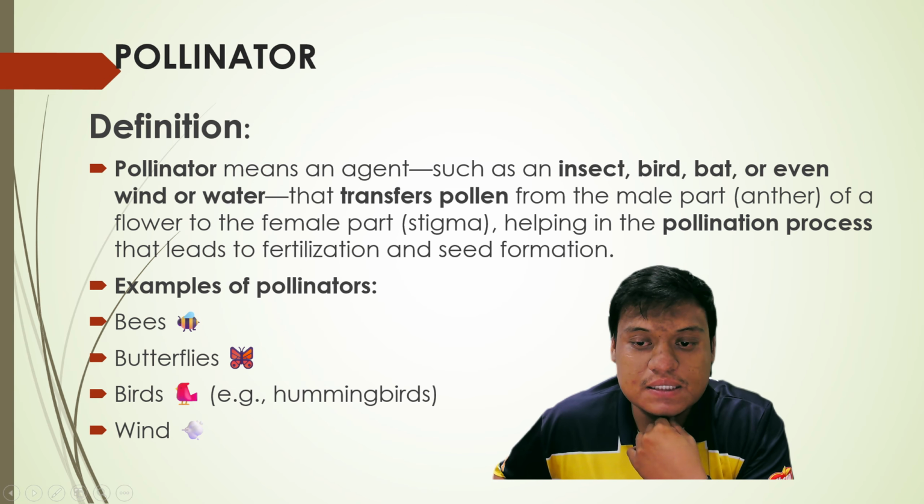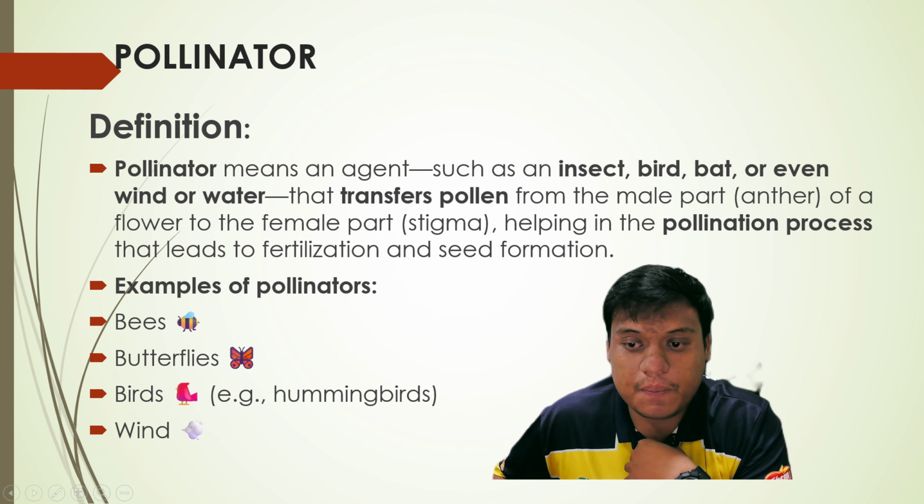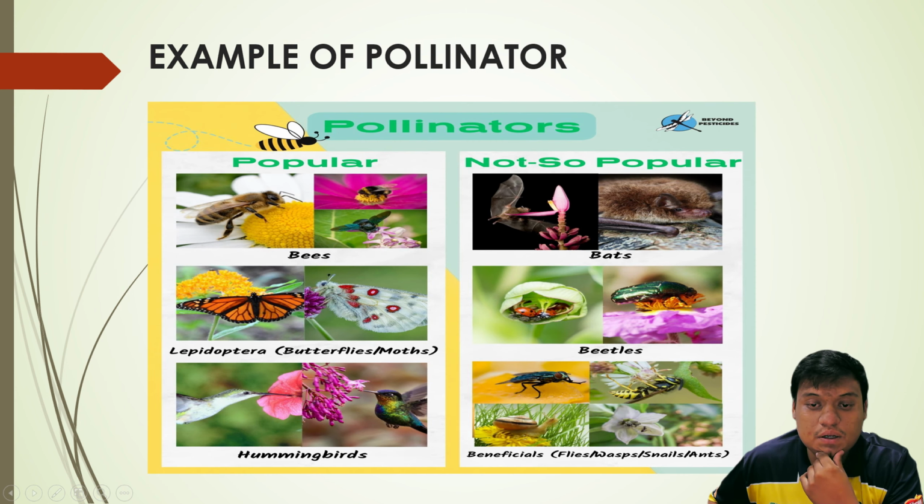A pollinator means an agent such as an insect, bird, bat, or even wind or water that transfers pollen from the male parts of a flower to the female parts, helping in the pollination process that leads to fertilization and seed formation. These are examples of pollinators. The common ones are bees, butterflies, and birds. Not so popular ones are bats, beetles, and small insects.